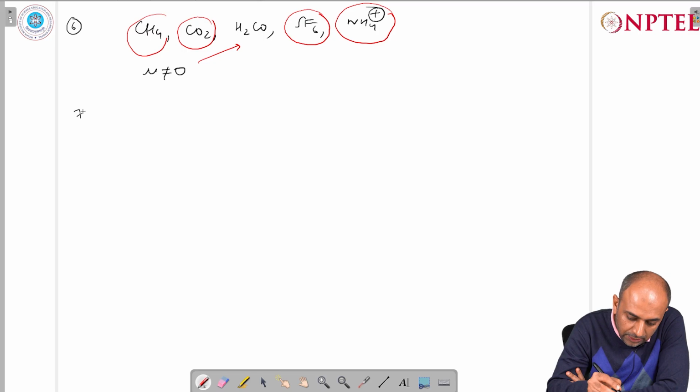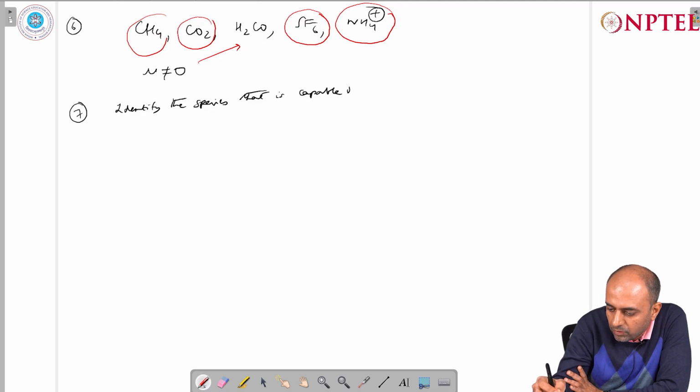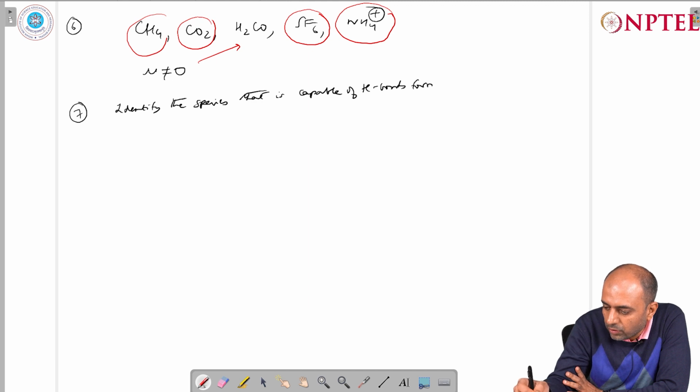Now the next question is related to hydrogen bonds. Let us identify the species that is capable of hydrogen bond formation.